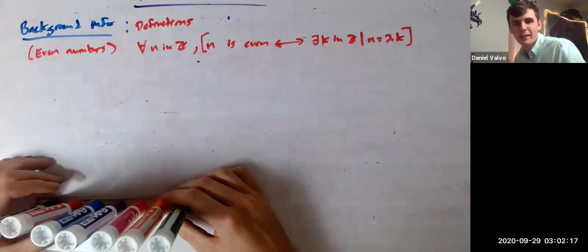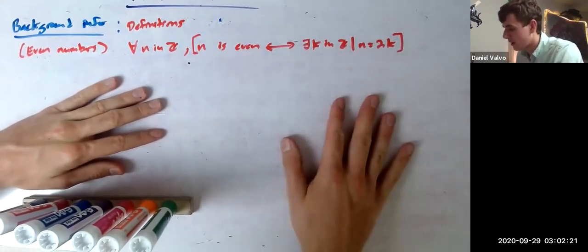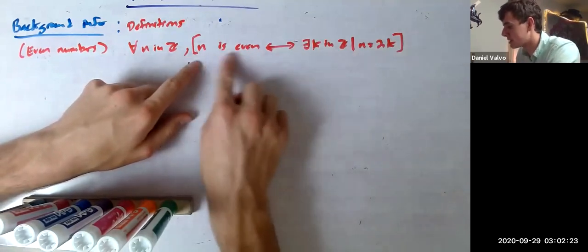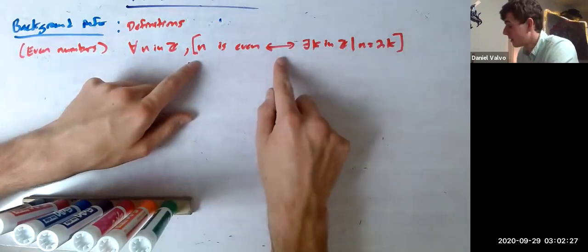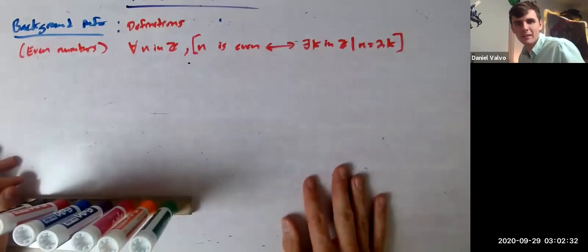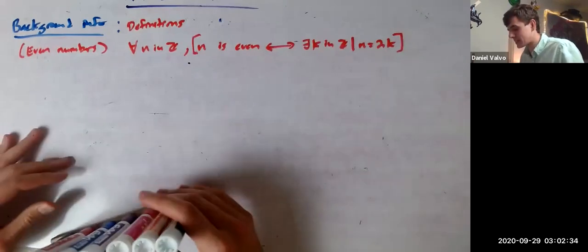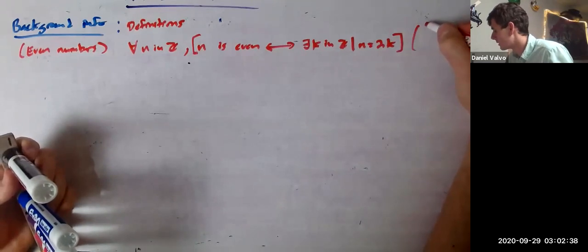And by the way, this is exactly how all definitions are, right? We have the thing we want to define, n is even, with a biconditional, and then we say how it's defined. And all this is saying is that evens are multiples of 2.